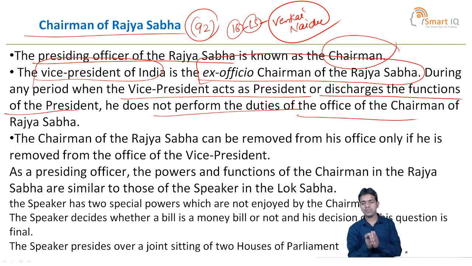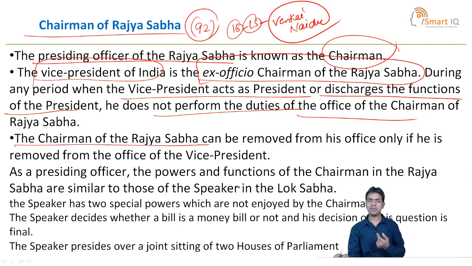So whenever the office of the President of India is vacant, the Vice President acts as President, and at that time cannot perform the duties of the chairman of the Rajya Sabha. This is a very important point regarding the Vice President of India and the chairman of the Rajya Sabha.